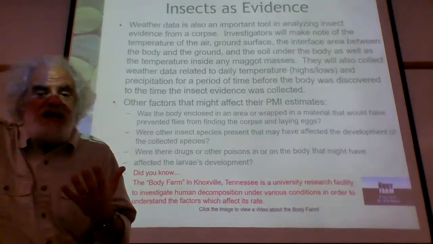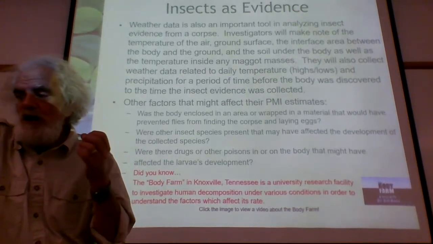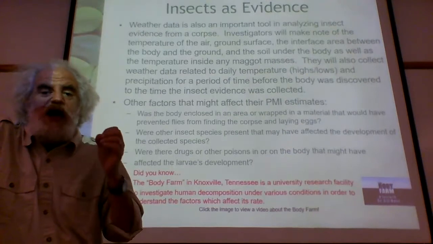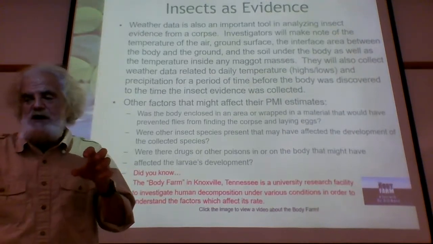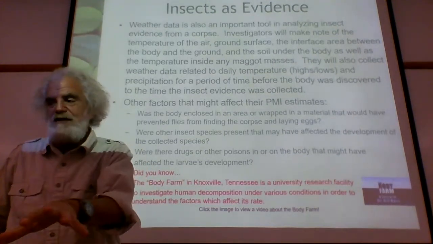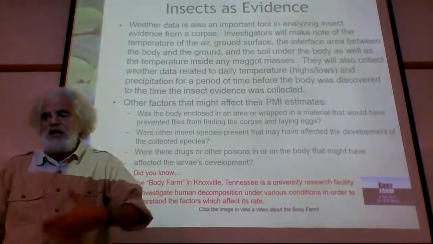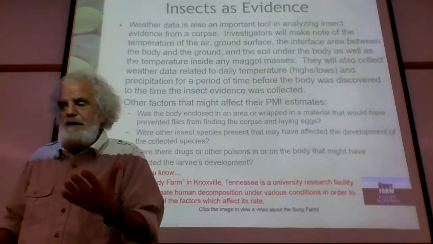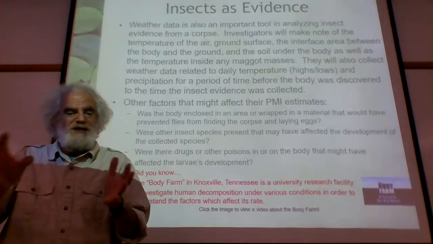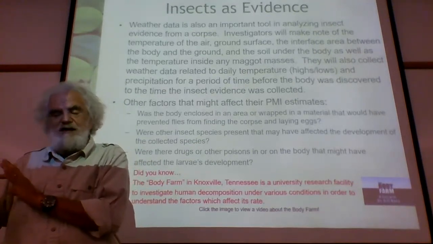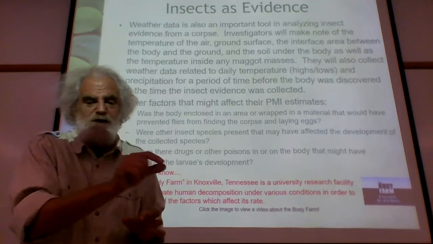Was the body wrapped or in some kind of material that would slow the flies from finding the body? Was it wrapped up in a garbage bag? Was it wrapped in plastic? Was it buried?